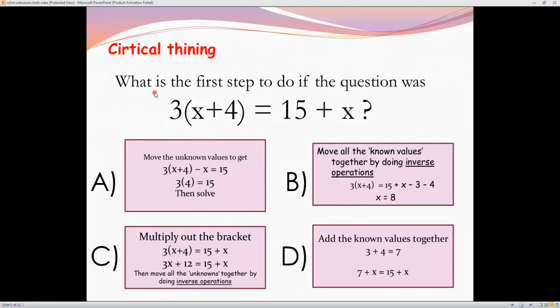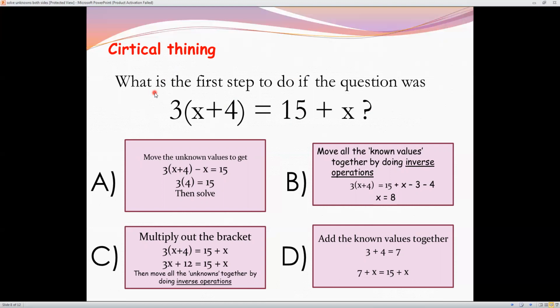Let's move to one of the critical thinking questions. What is the first step to do if the question was 3 bracket, x plus 4, close the bracket, equals 15 plus x? Okay, so what do you think is the first step?